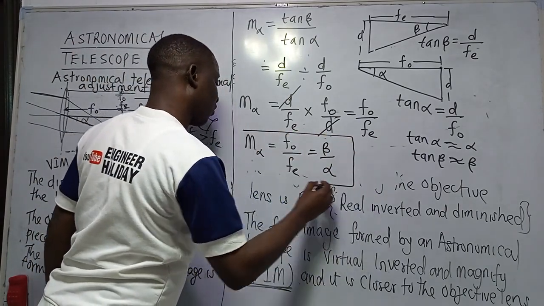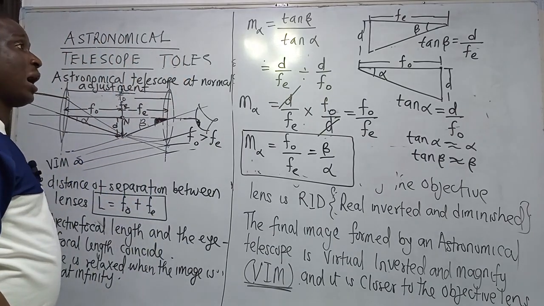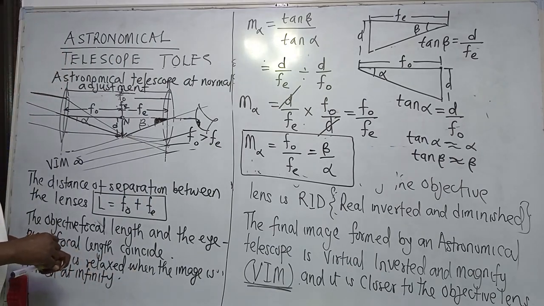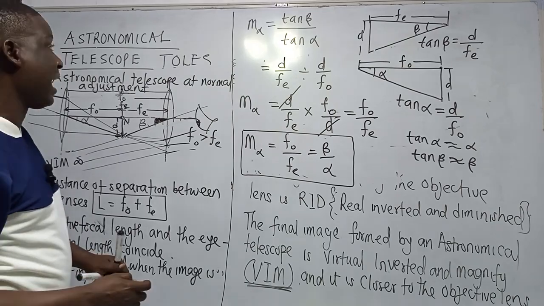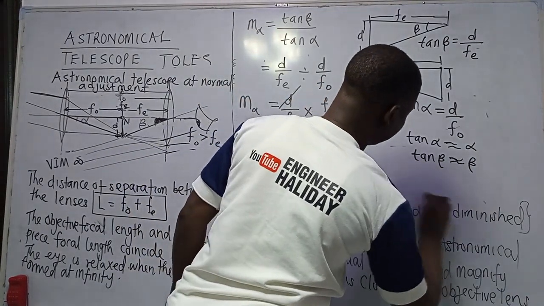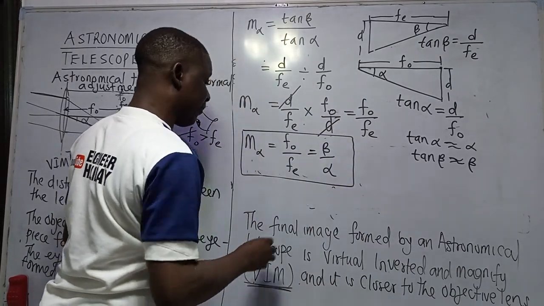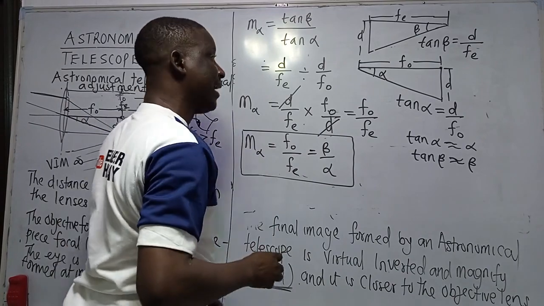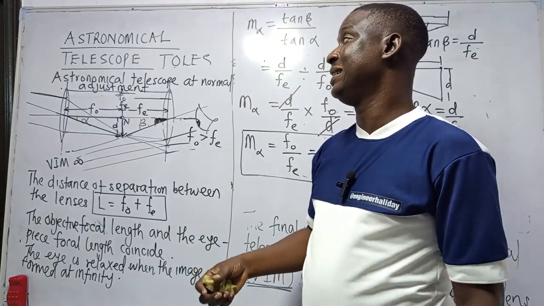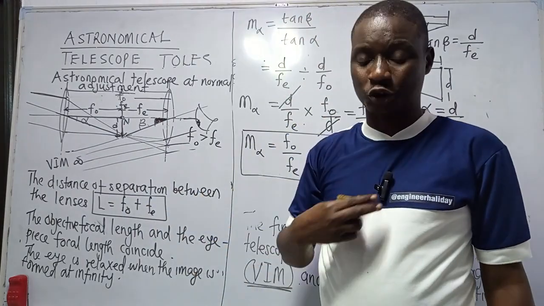This can also be the formula for the angular magnification of an astronomical telescope. Please take note of that. And don't forget the final image formed by an astronomical telescope. We have also spoken about the length between the lenses at normal adjustment.